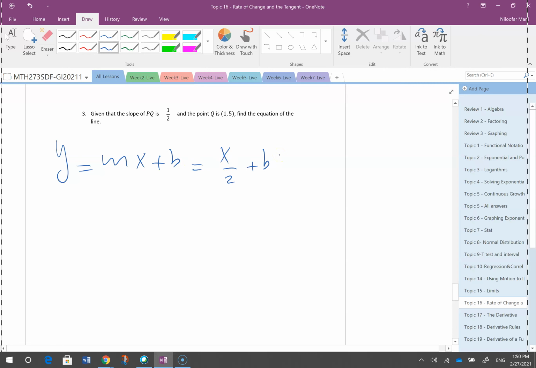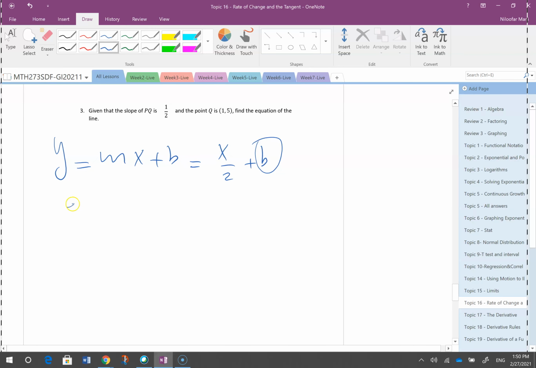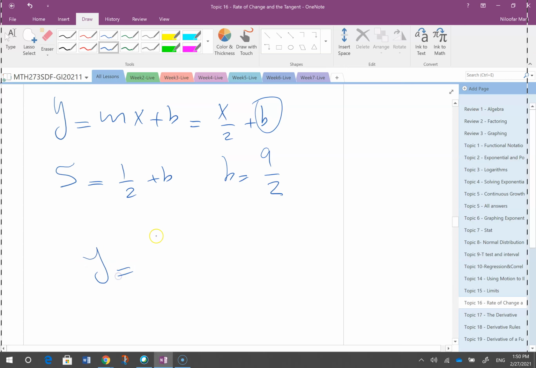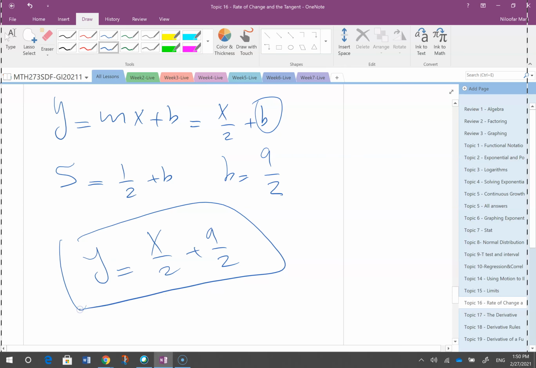I substitute the point 1 and 5 to find b. So 5 equals 1 over 2 plus b, and b is 9 over 2. So y equals x over 2 plus 9 over 2 is the answer. Which is related to lines, and just a good question for that.